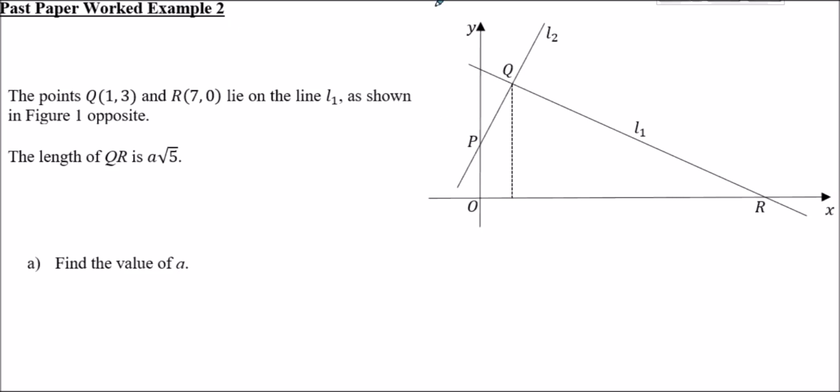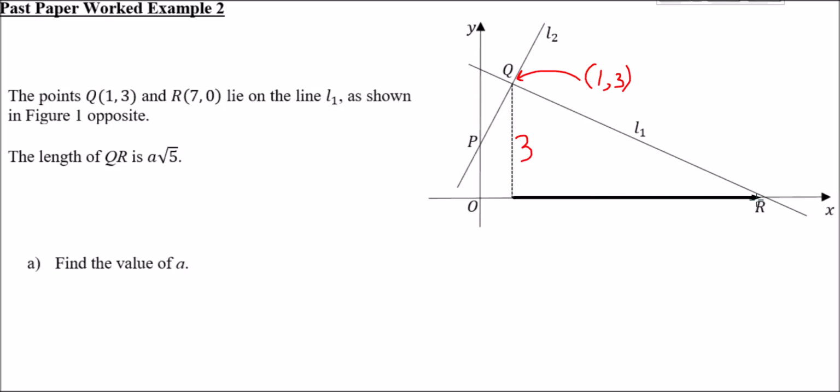We know that Q is (1, 3), so we can label that in. So the y-coordinate of Q is 3, the y-coordinate of the x-axis is obviously 0, so this distance here has to be 3.